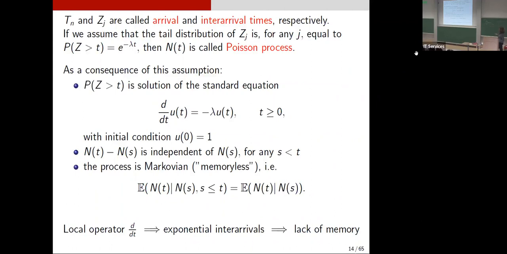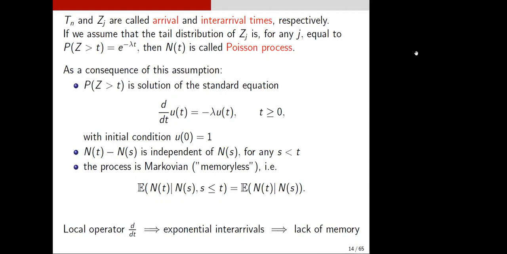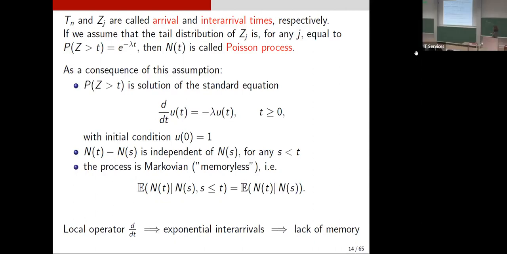And in this case, we are in the standard setting of Poisson processes. What is important for us in the following is that the tail distribution of the inter-arrival times under this assumption is the solution of the standard differential equation that I will call a relaxation equation under this condition.